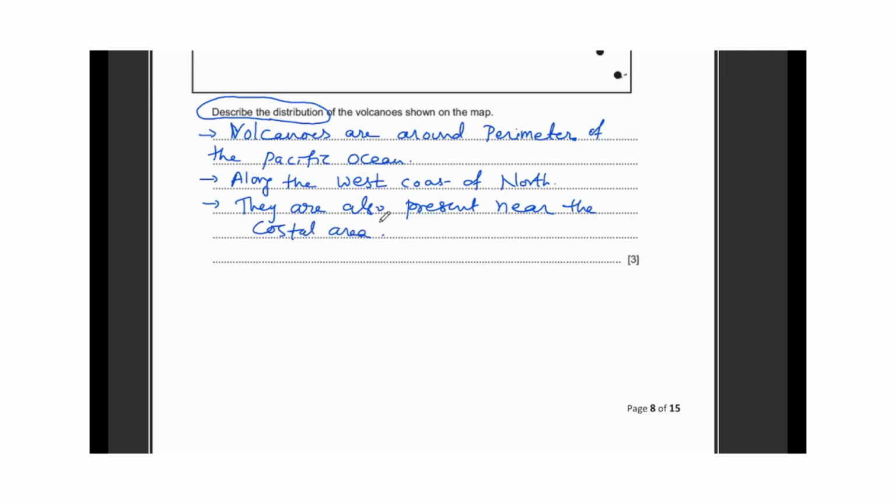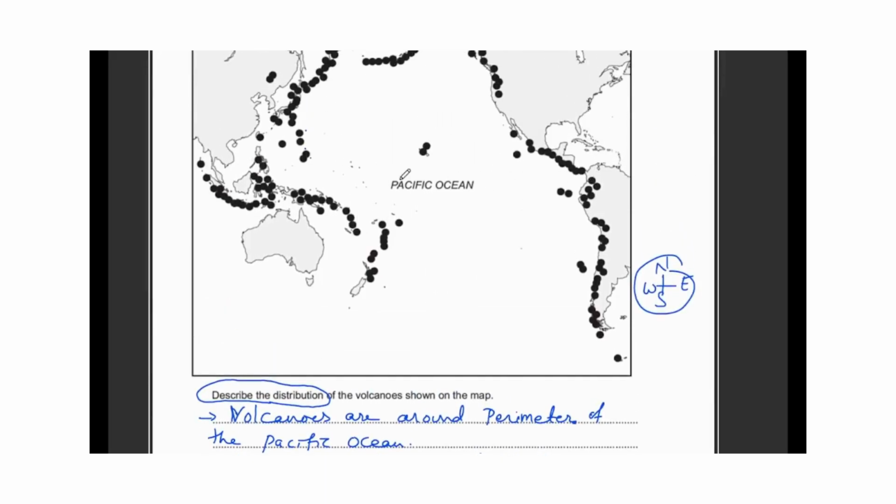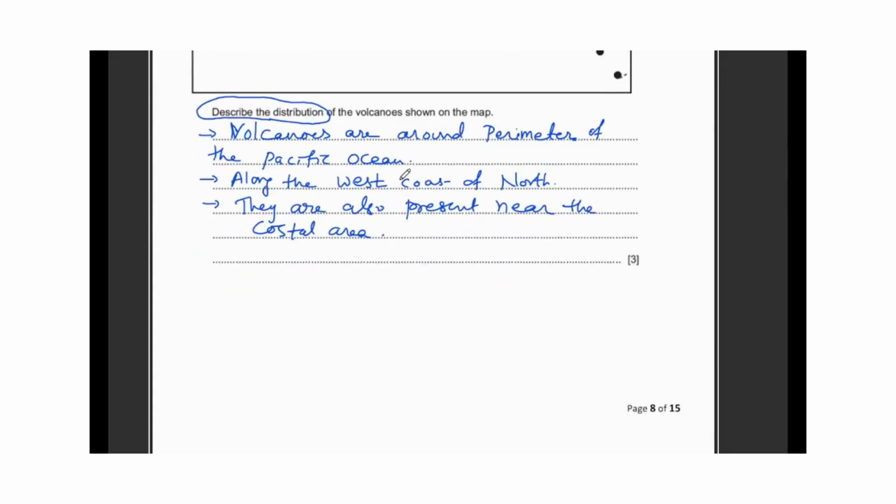Fine, if you don't know these particular places, you can avoid that and be general, or if you want to specify them, along the southeastern, or you can write islands of Oceania, or located near or within Hawaii. But we will relate with a student point of view in a simple way. Volcanoes are present around the perimeter of Pacific Ocean, along the west coast of North, and most of them are near the coastal area also.